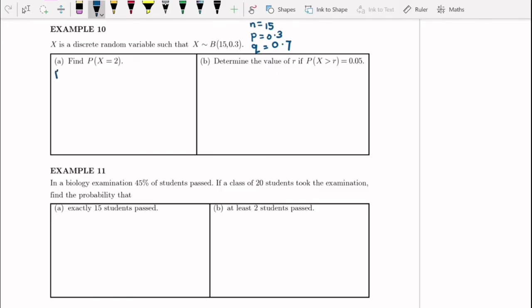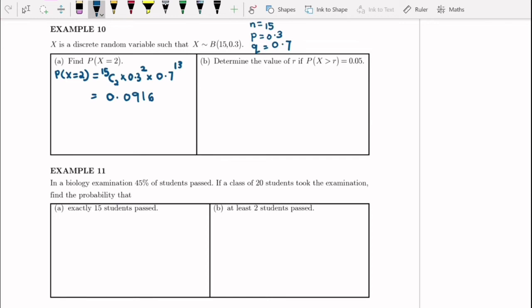So probability x equals to 2 is equals to nCx. So 15C2 times p to the power of x, 0.3 to the power of 2 times q to the power of n minus x, 0.7 to the power of 13. So, the answer is 0.0916.